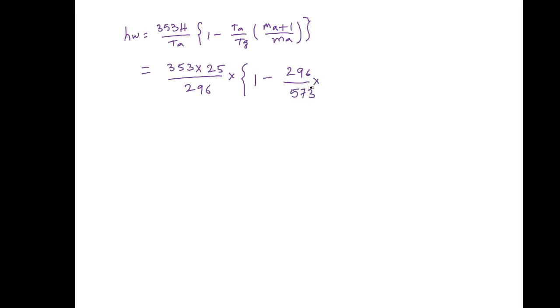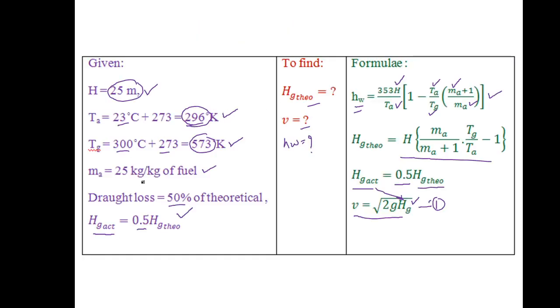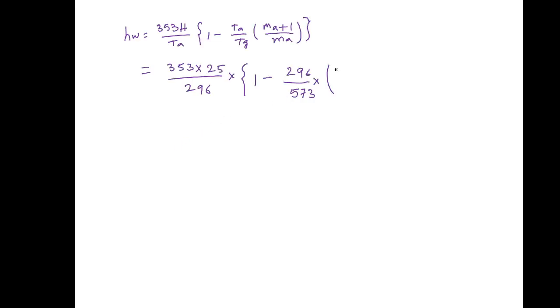573 into mass of air. Mass of air is given as 25 kg per kg of fuel, so this is 25 plus 1 divided by 25, close the brackets. On simplification you get 13.7 mm of water.